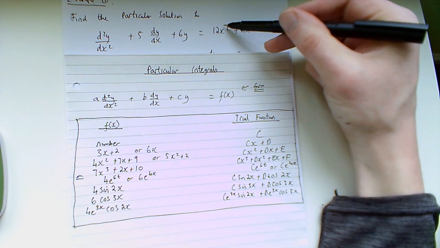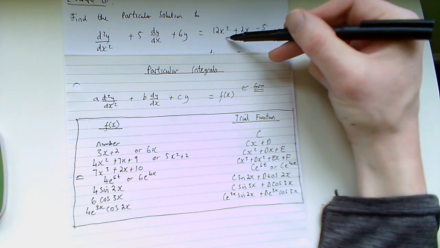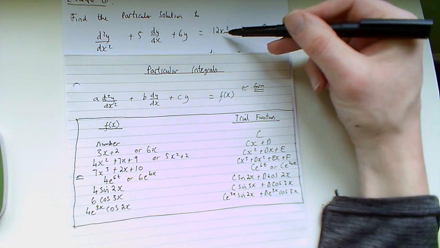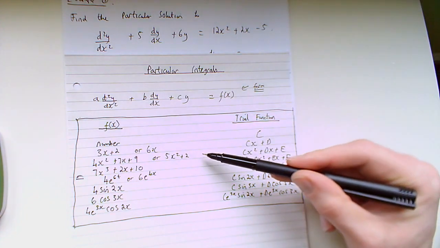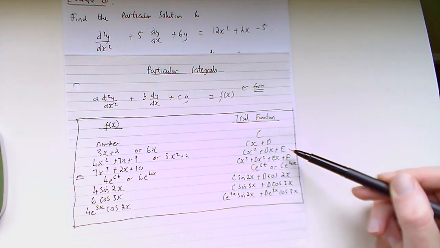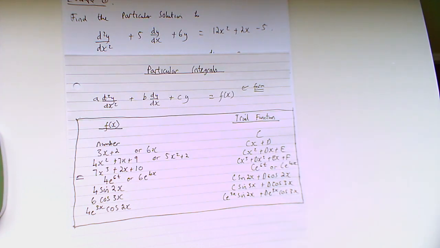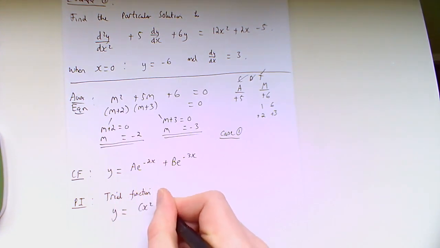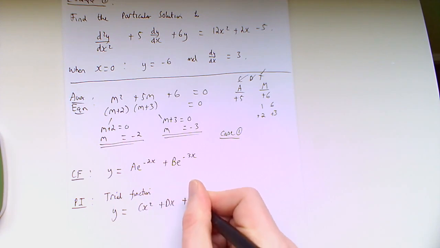So if I see here, this is a quadratic. It's got an x squared in it. Doesn't matter about the rest of it. That means it's a quadratic. So if I look for quadratics, I use cx squared plus dx plus e. So that's what I'm going to choose my trial function to be. So it's y equals cx squared plus dx plus e.